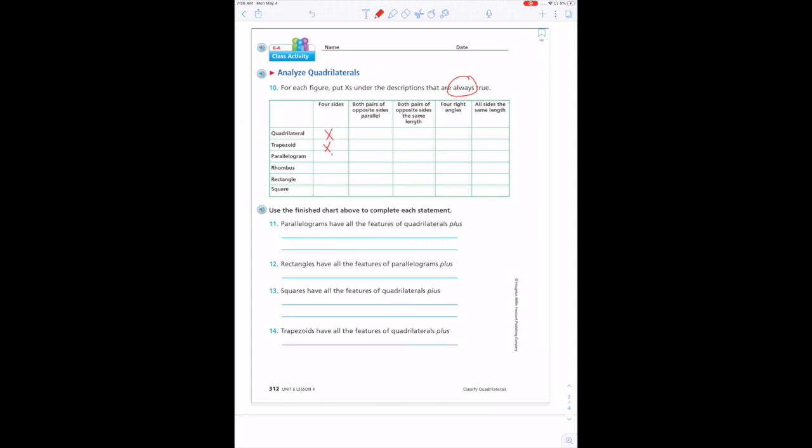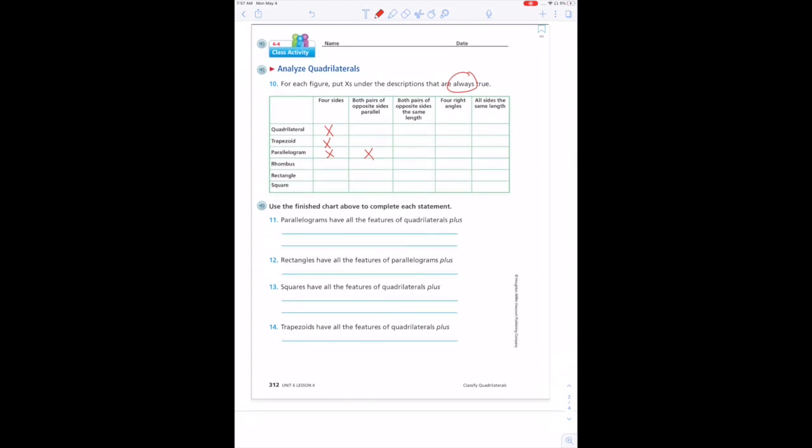So, let's go to a parallelogram. A parallelogram has to have 4 sides. It also has to have 2 sets of parallel lines. Both pairs of opposite sides the same length. Though, not all sides the same length.